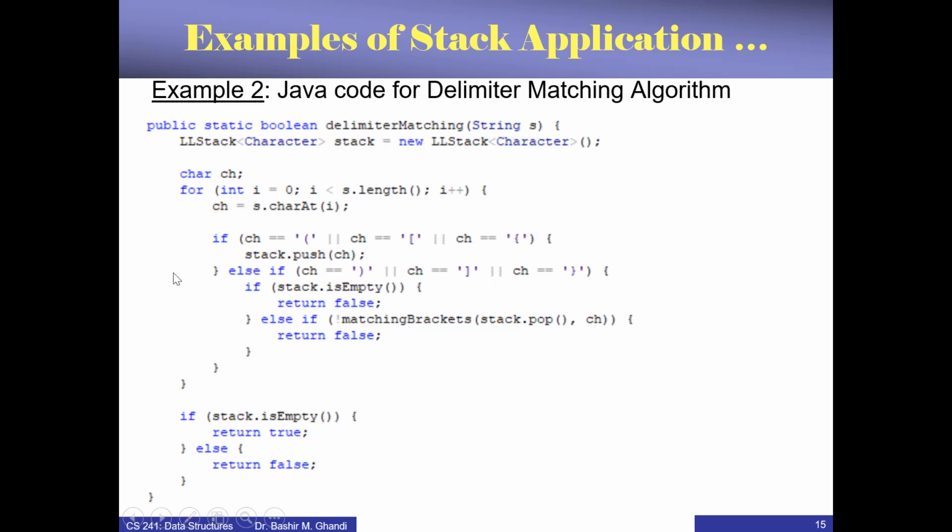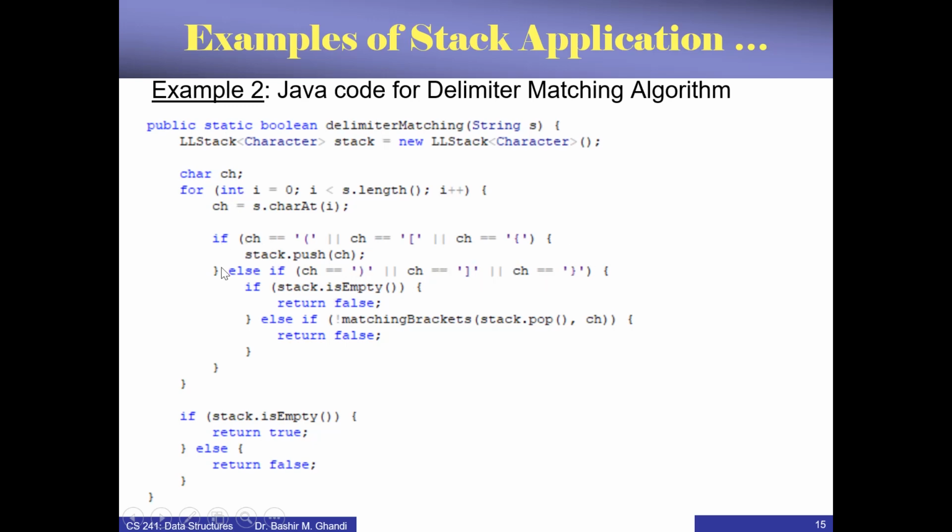So now we check if ch is any of the opening brackets. If it is this or that or that, just push it in the stack. Else if it is any of the closing brackets.